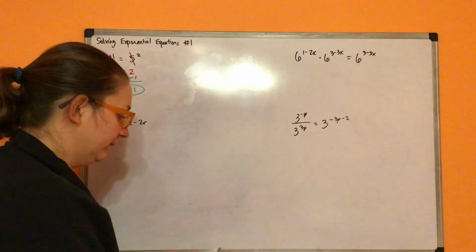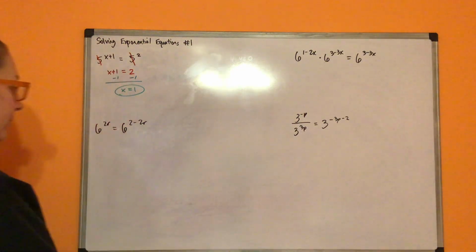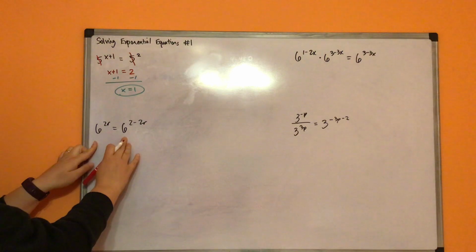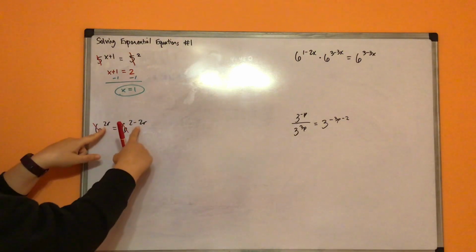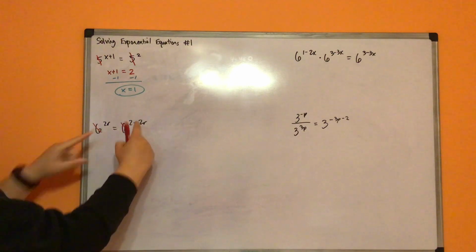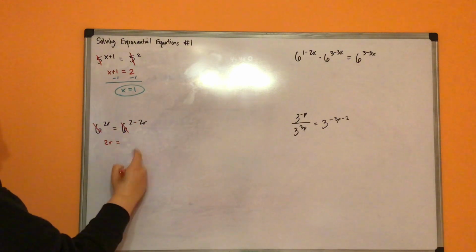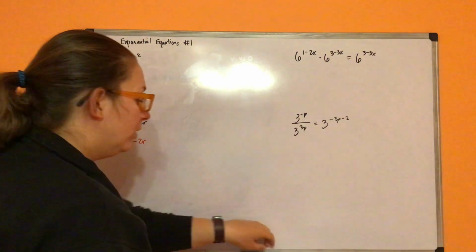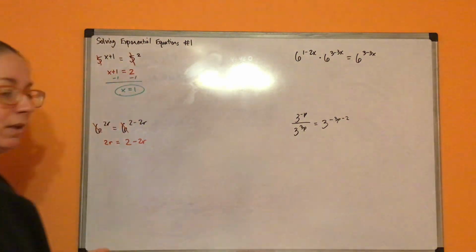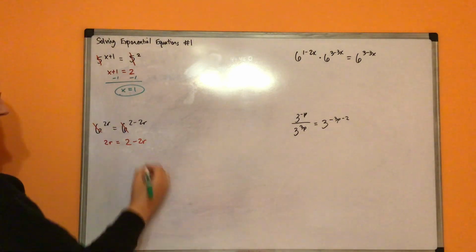Let's try another one. So again, my base is the same on both sides. My base is 6. I can cancel that 6 base on both sides and set the two exponents equal to each other. So this side is 2r, other side is 2 minus 2r. Goal here is to get r by itself. We need to get our r's on the same side of the equal sign.